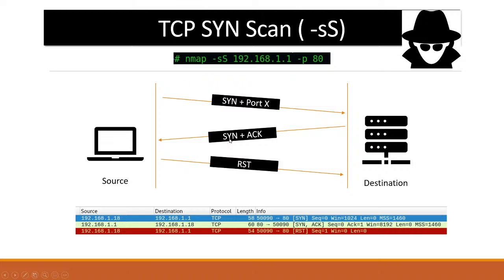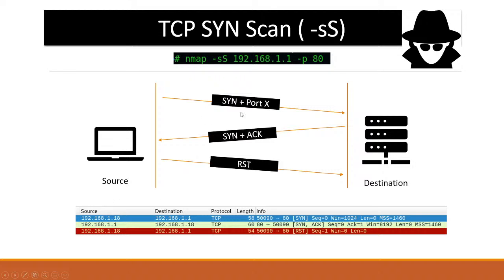That would be a SYN plus acknowledgement, the second segment, in reply to the first segment. This is what a normal TCP three-way handshake would look like. So this is when a port is open, and then from the source, because you're not interested in actually making a full connection, you will simply send a reset flag segment back to the destination, so that the connection is pretty much closed here.